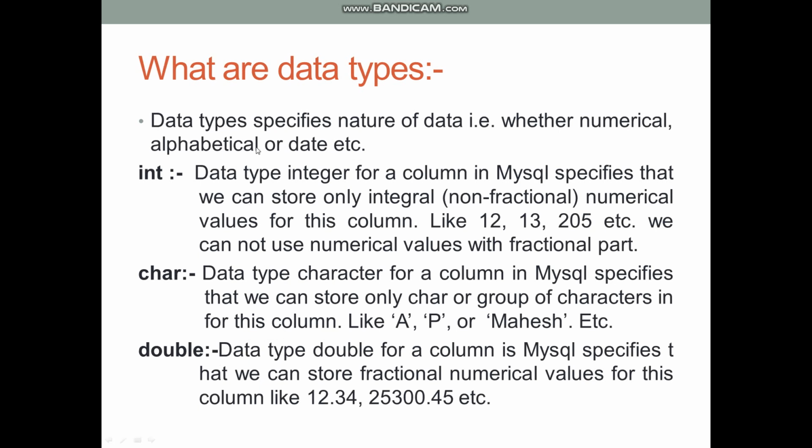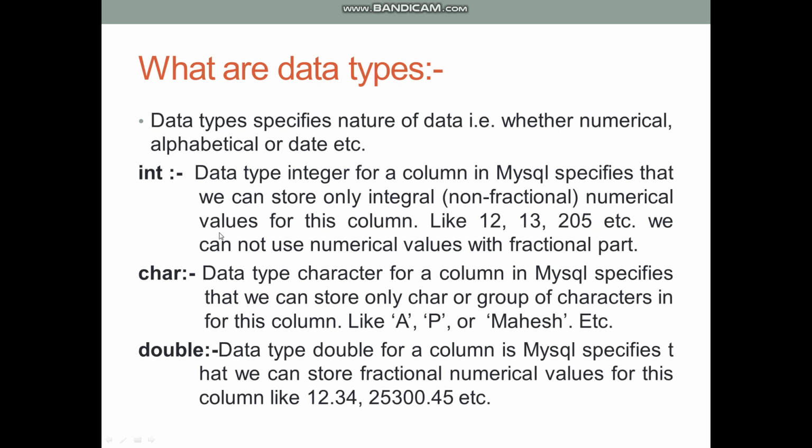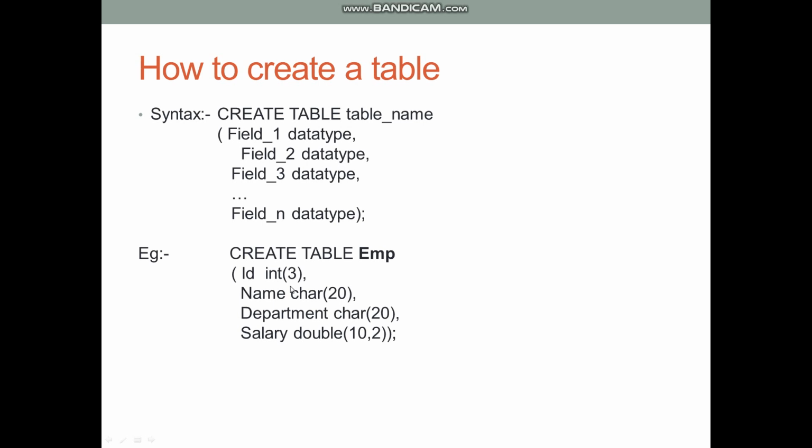So here a detail of different data types that we are using is here. Integer means to store a non-fractional numerical value, and we are using this integer data type for our ID field of employee table. Character means a data type which can store group of character or a single character, and we can also specify size of character while defining our table.